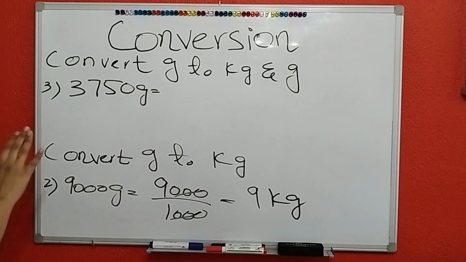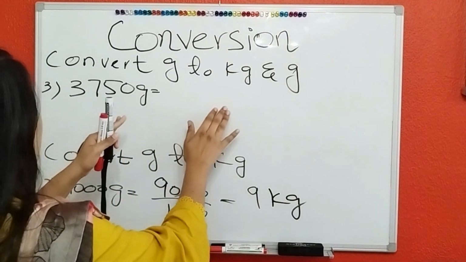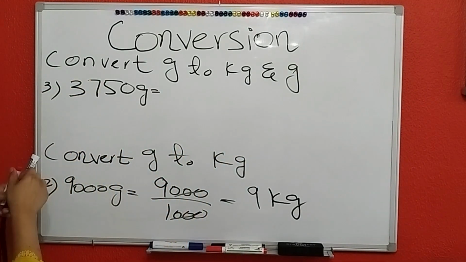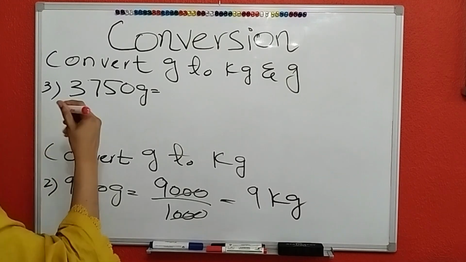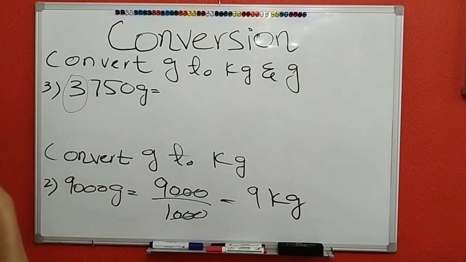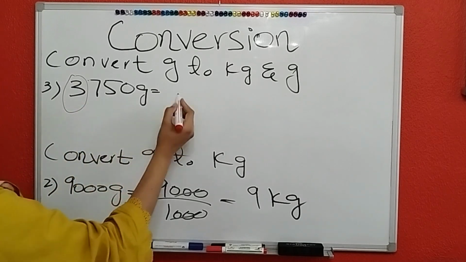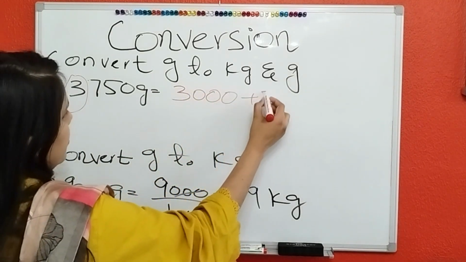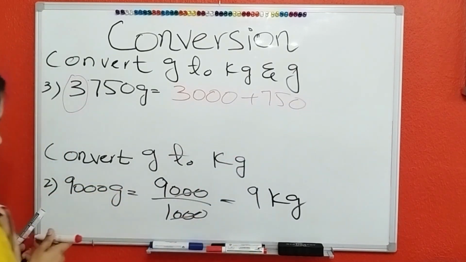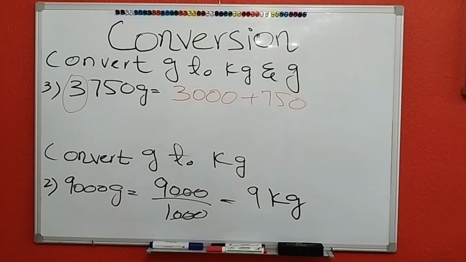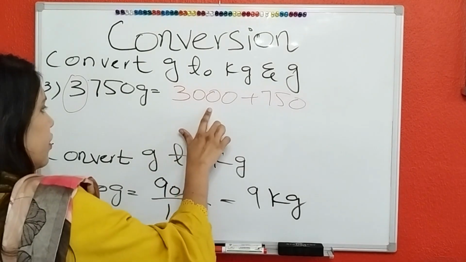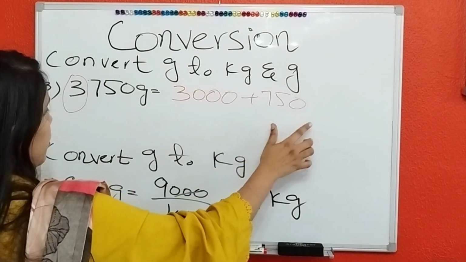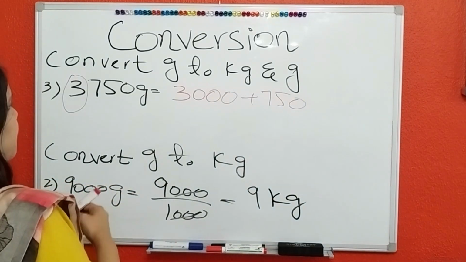To convert this value into kilogram and gram, first of all I am separating the 1000 value. So this is the 1000 value, and I am just separating this from this. This is 3000 plus 750. Now, I am just converting this value into kg, and this value is already in gram, so I don't need to convert this into gram.